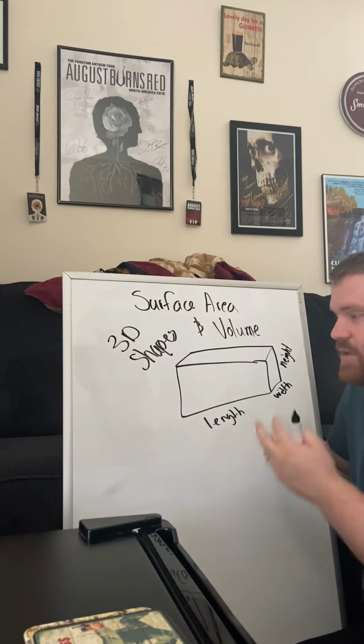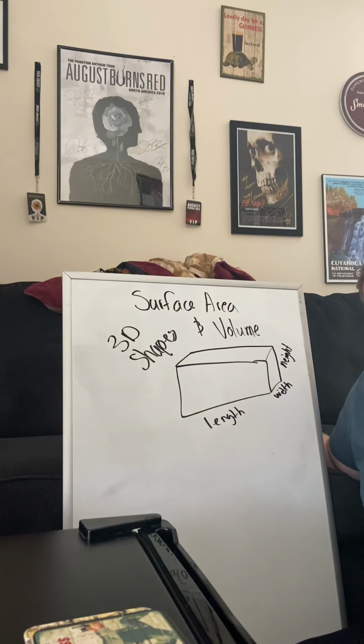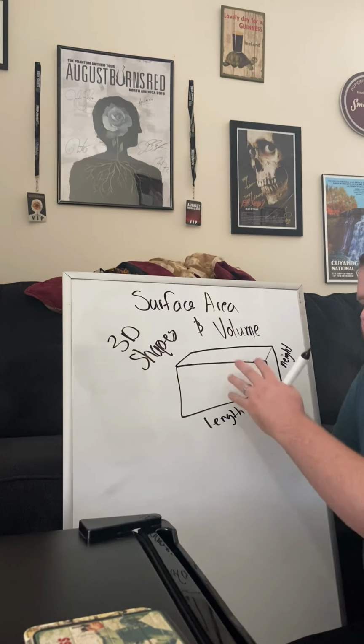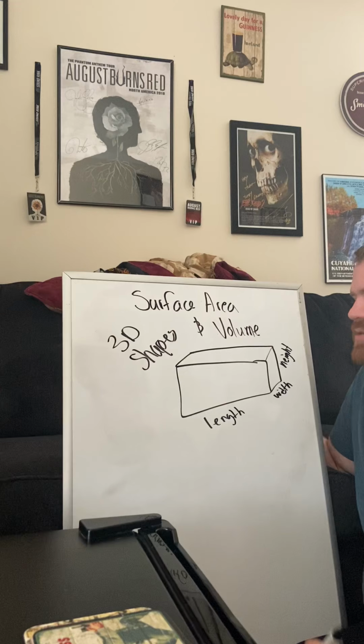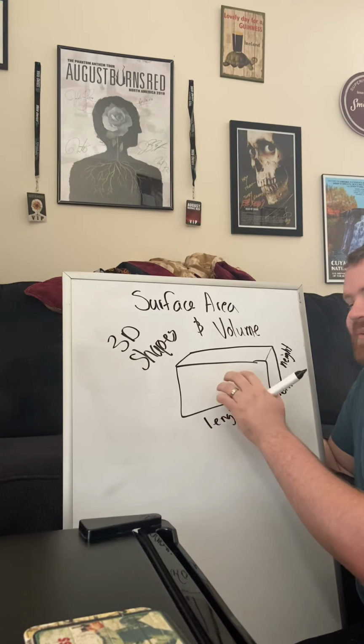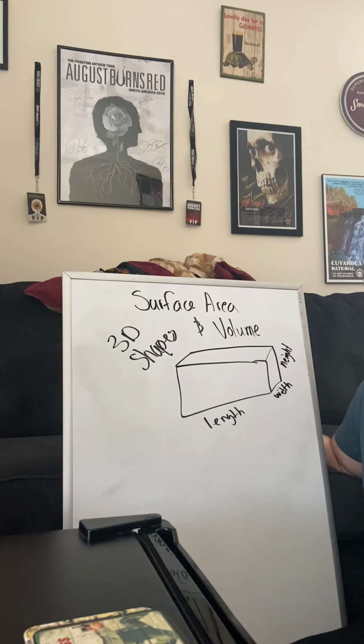These concepts can be applied to plenty of other shapes, but we're only talking about 3D shapes here. This is what's called a rectangular prism. Most two-dimensional figures have a three-dimensional counterpart, which means the two-dimensional form of this would be a rectangle, right?